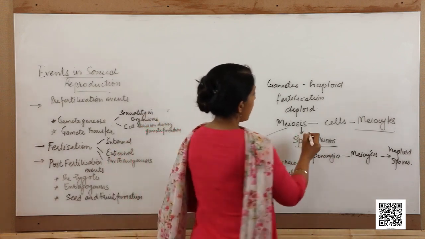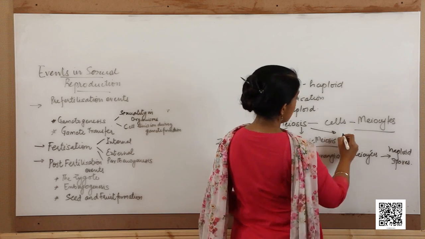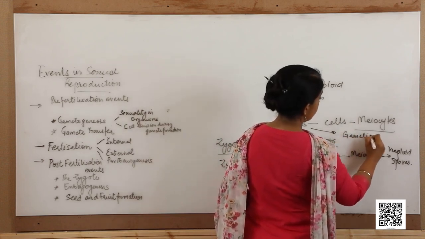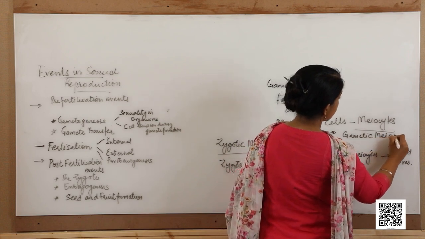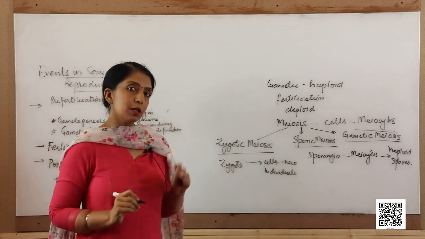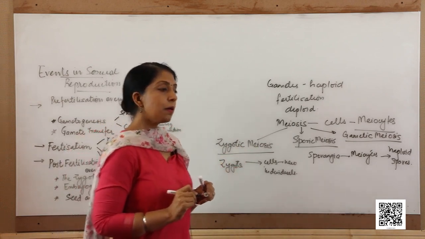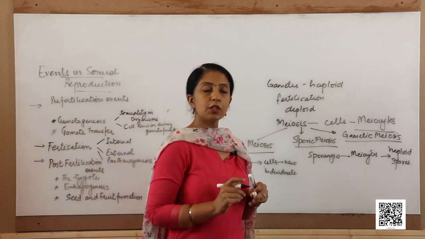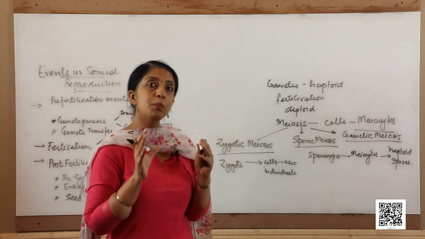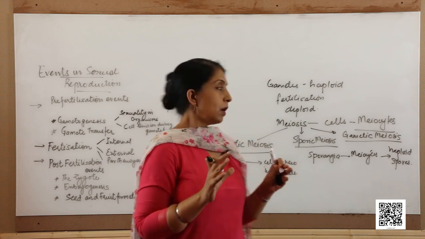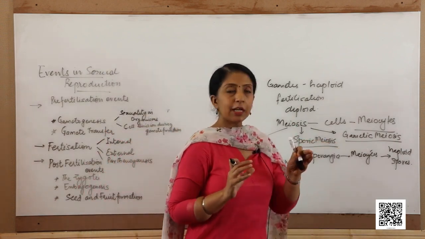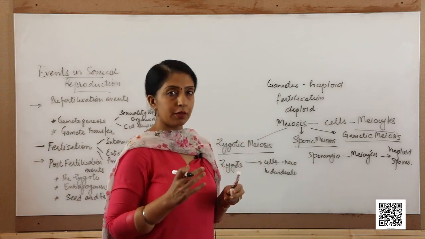Fine. Then the third type of meiosis is gametic meiosis. Gametic meiosis takes place in organisms in which the body of the organism is majorly diploid. And this kind of meiosis takes place in those organisms which have sex organs.